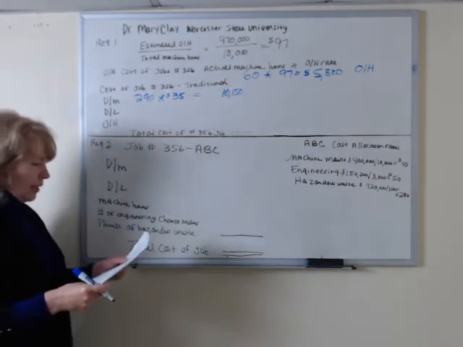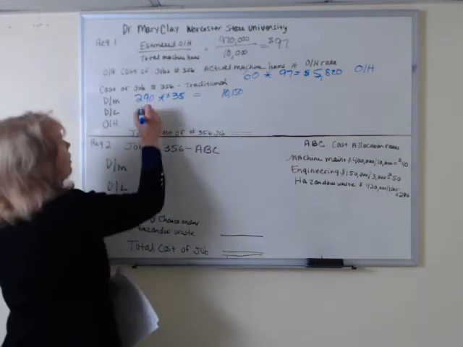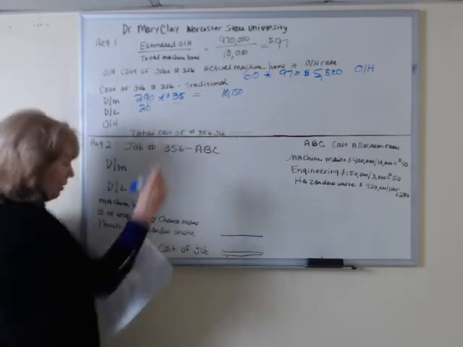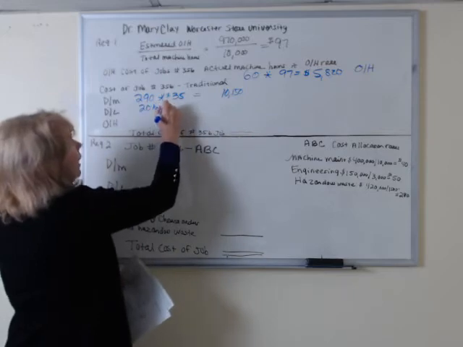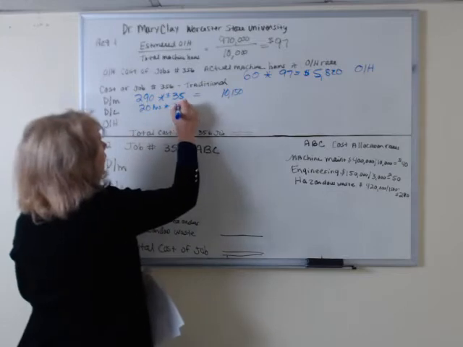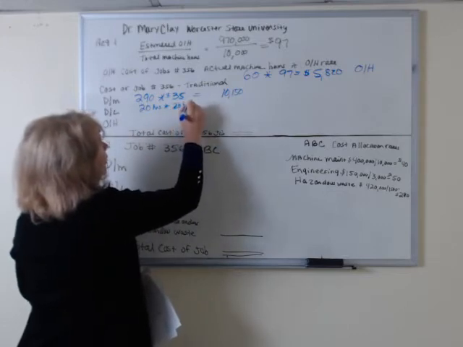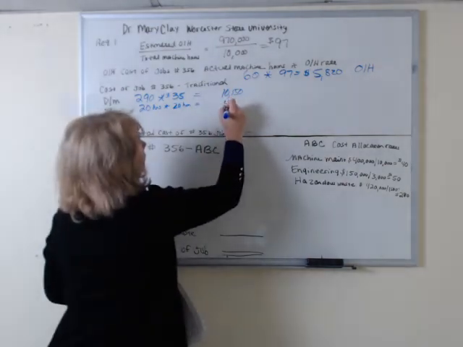Next, I'm going to take the direct labor, actual numbers, 20 hours. I multiply that by $20 per hour, and that equals $400.